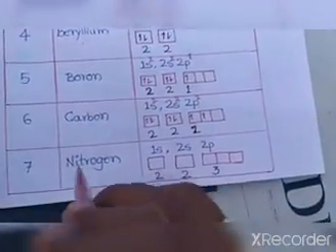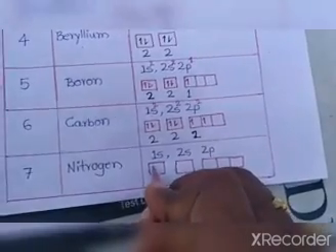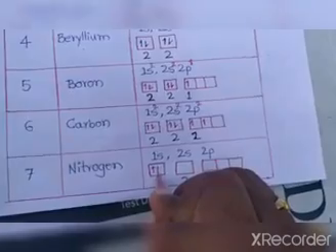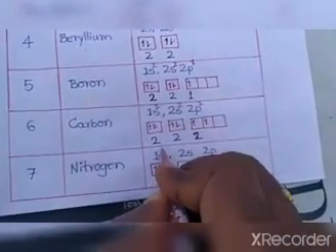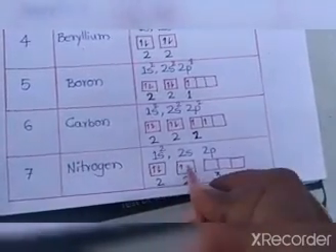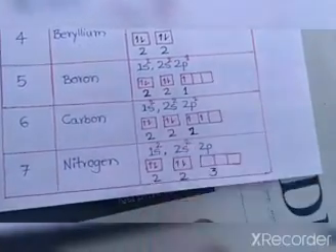Similarly, nitrogen atomic number is 7, the number of electrons is also 7, and here also the first electron will occupy 1s, the second also occupies the 1s, then its electronic configuration is 1s2. The third electron occupies 2s, the fourth occupies 2s, then its electronic configuration is 2s2.